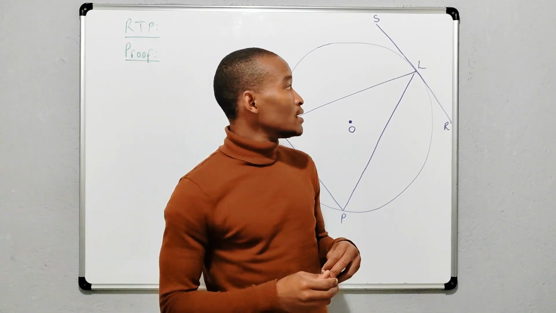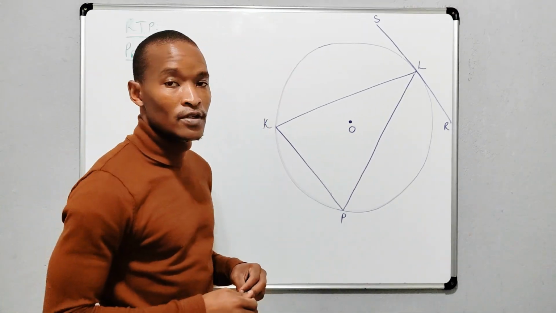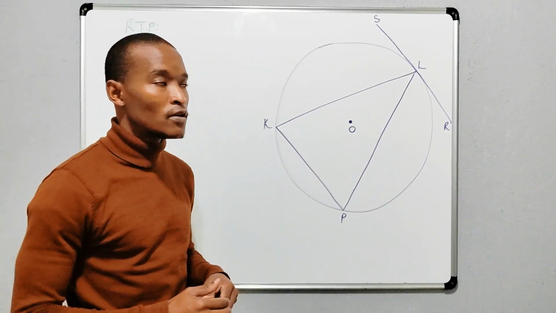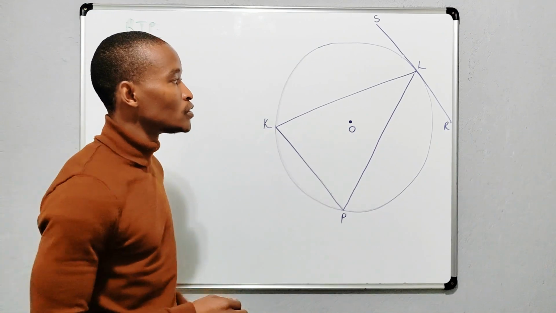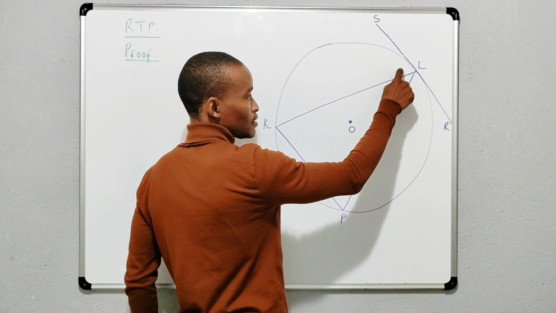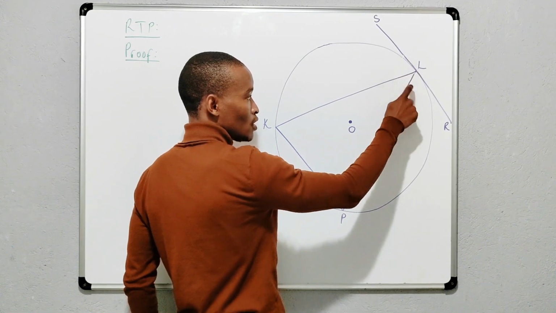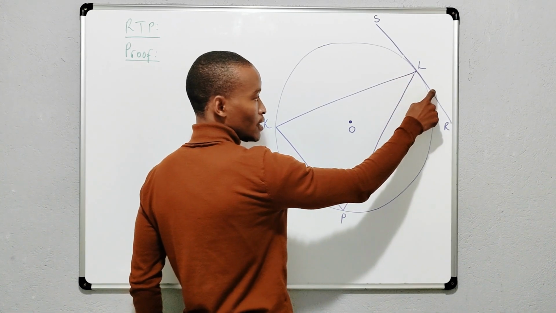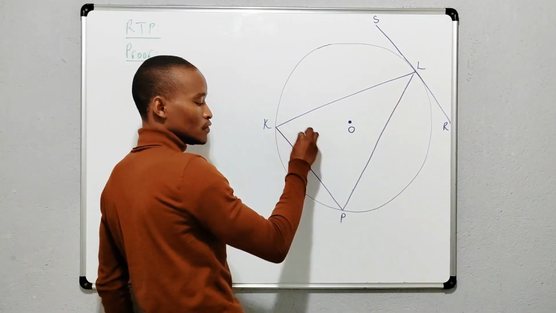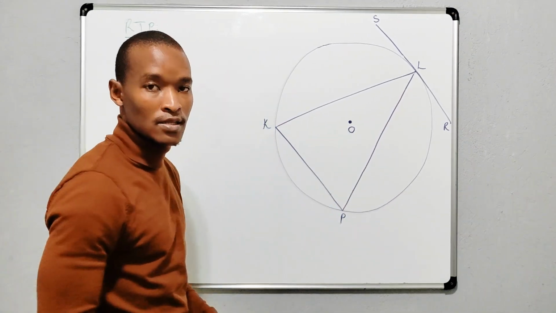Okay? In this diagram, we actually have two choices or two roads that we can follow to prove these theorems. Either working with this angle here at this side between the tangent and the chord, or this angle that side between the tangent and the chord. And obviously it will correspond to different angles at the circumference.